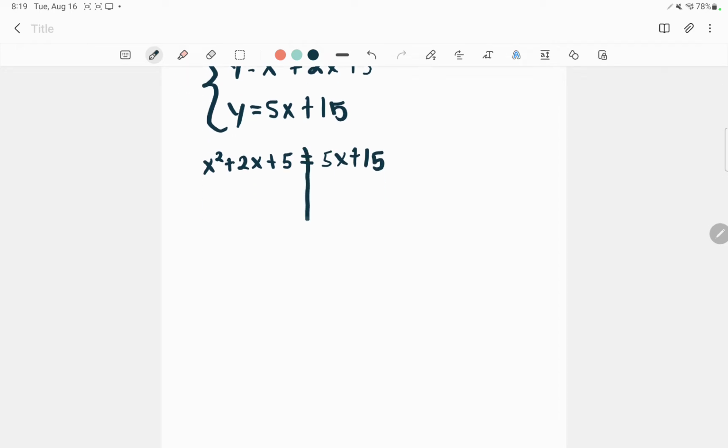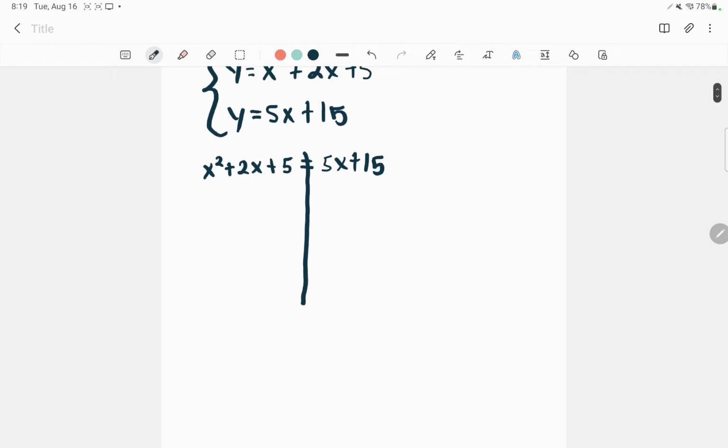I'm going to do my line, and I noticed that my x squared is positive, so I'm going to leave it on there. I'm going to move everything else, so everything on this side, I'm going to go ahead and move it over here.